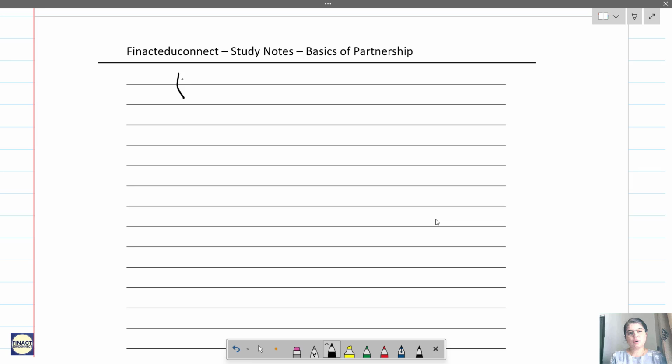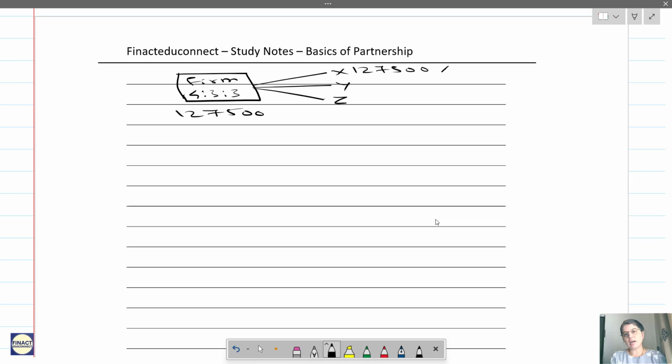So this is a firm. Okay, 4:3:3 is the profit sharing ratio, and 1,27,500 was the profit. And who are the partners? 3 partners, right? X, Y and Z. So 1,27,500 into 4 by 10 will be the share of X. Y will be 1,27,500 into 3 by 10.